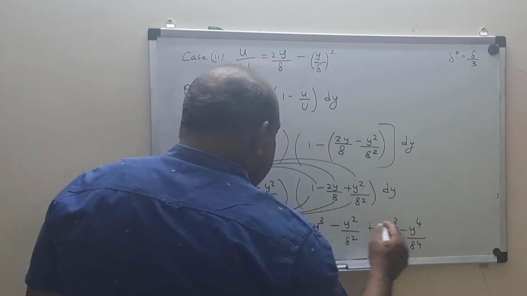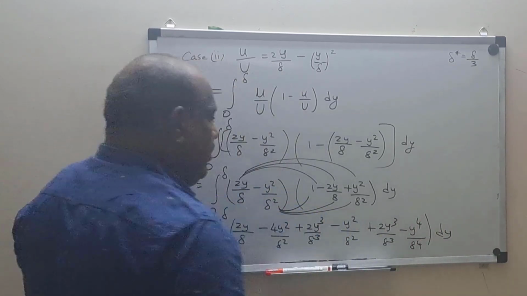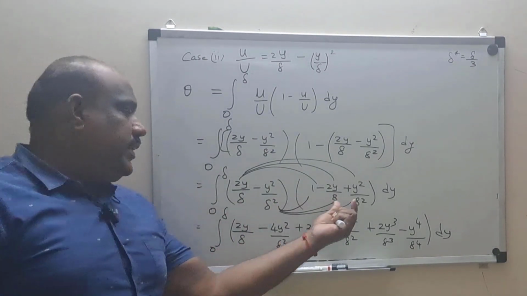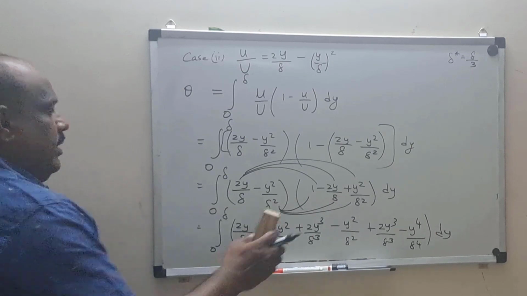Still we have not integrated, we have just expanded this form. So instead of 2 into 3, we have 6 terms. Now we will integrate.